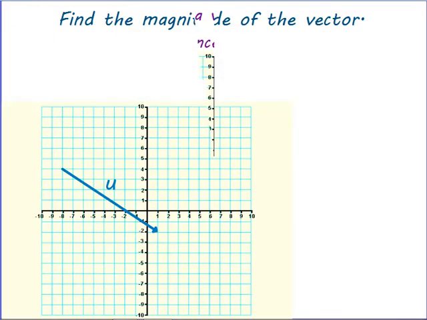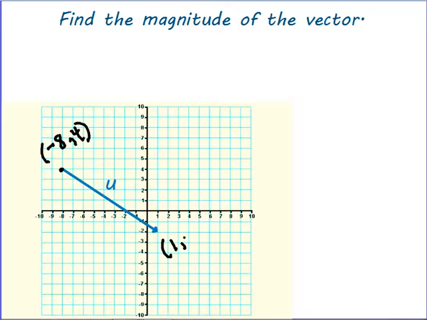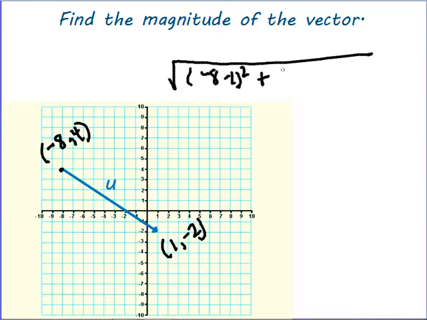If I wanted to find the magnitude of this vector again, I could use the endpoints. I have (-8, 4) and I have (1, -2). I can use the distance formula, which would give me the square root of (-8 minus 1) squared plus (4 minus -2) squared.